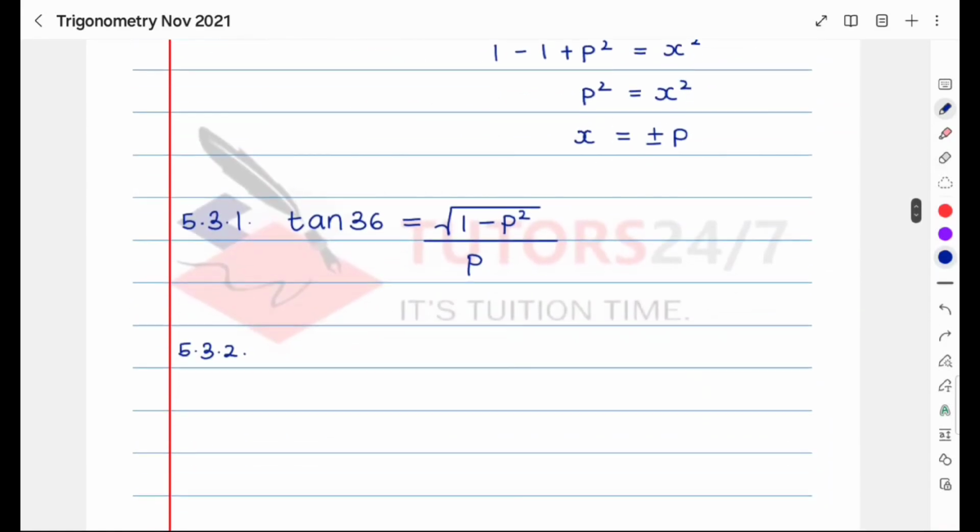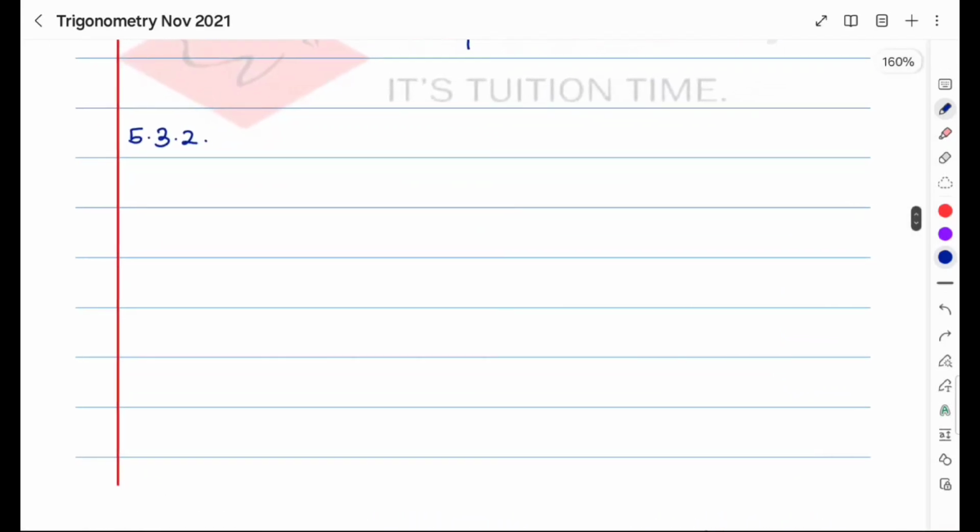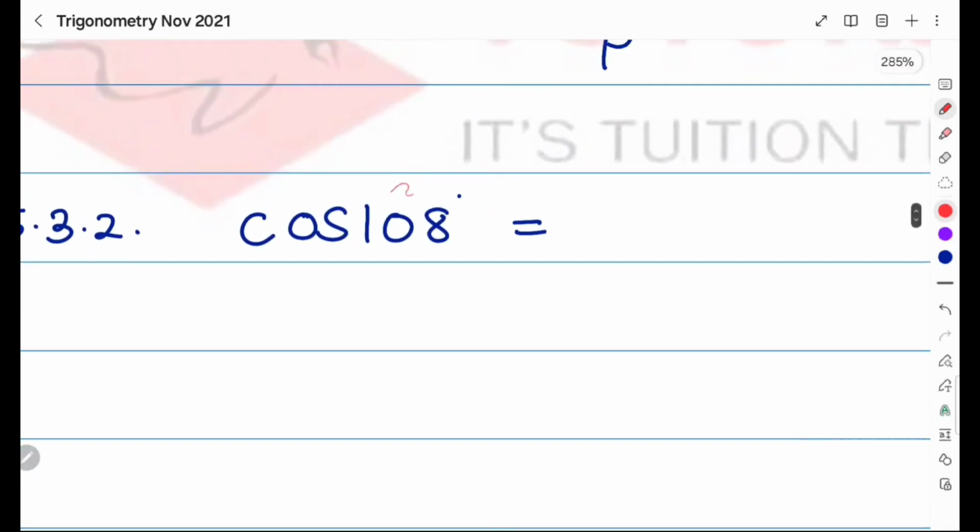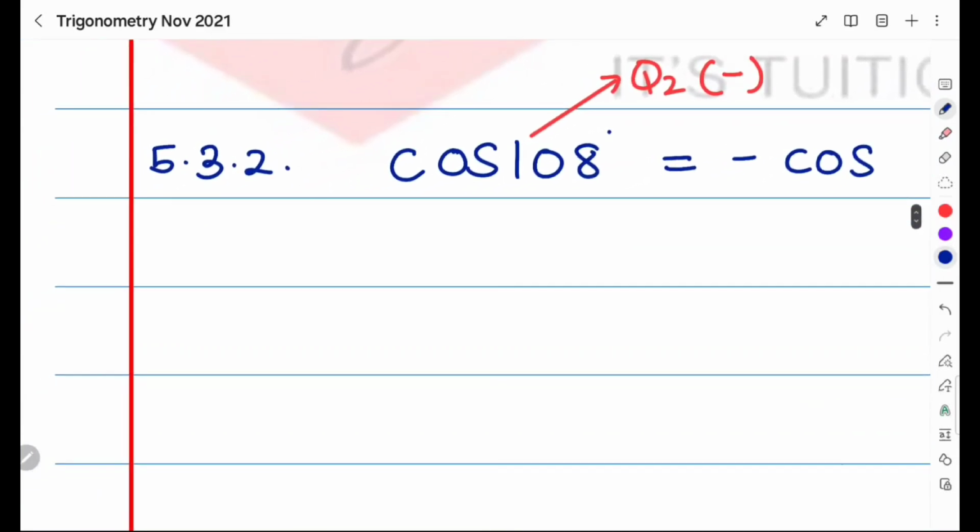So let us attempt. So the question is cos of 108 degrees. Now keep in mind, 108 degrees, that is in quadrant 2. And we know that cos is negative in quadrant 2. So this can get simplified into negative cos. Now we need to reduce the angle.